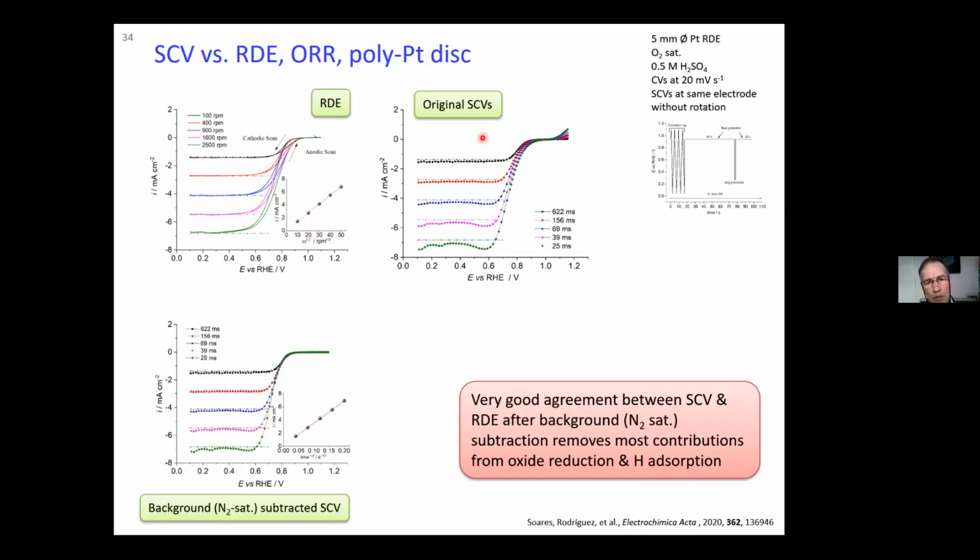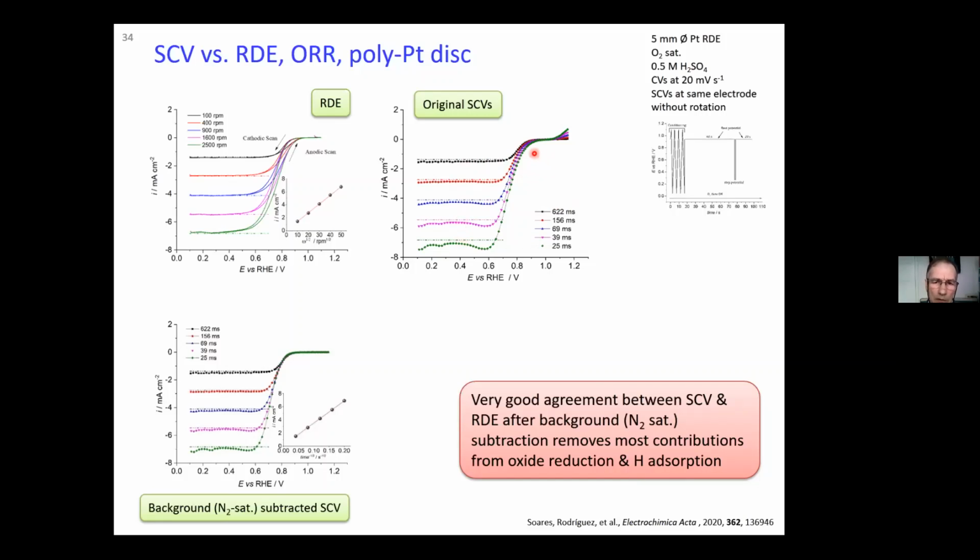When we perform the same experiments under quiescent conditions, but with sampled current voltammetry, using sampling times selected to match the mass transfer coefficient obtained with the rotating disc electrode, we find again a sigmoidal wave with increasing current as we sample at shorter and shorter times.